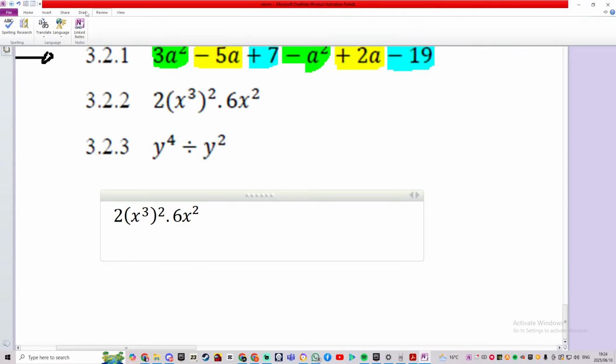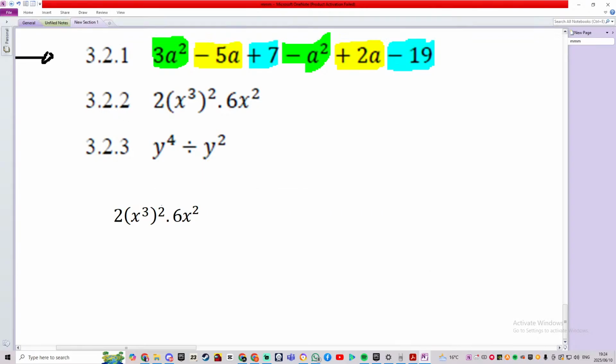When we have something like this, it's important to note our rules about exponents. That exponent is outside of a bracket.